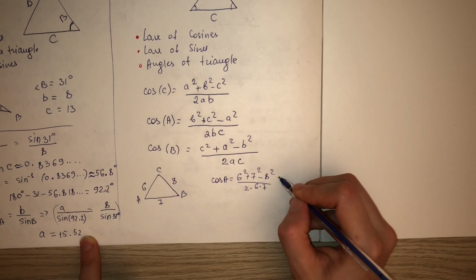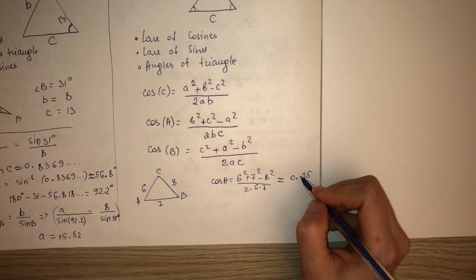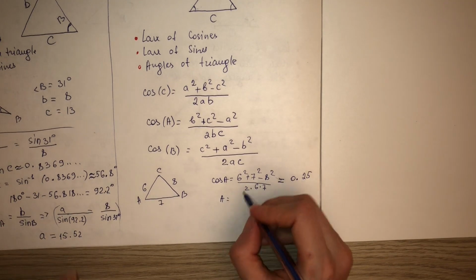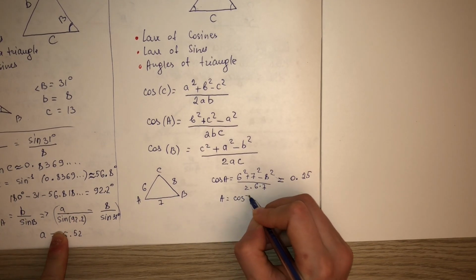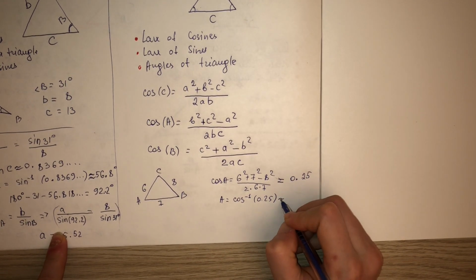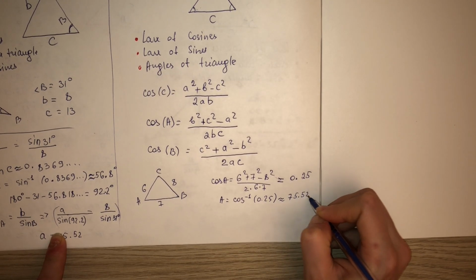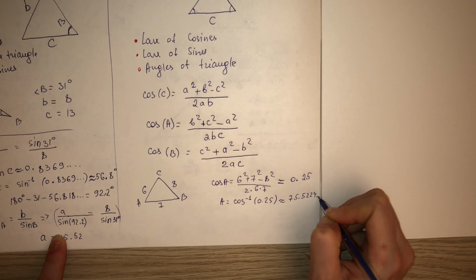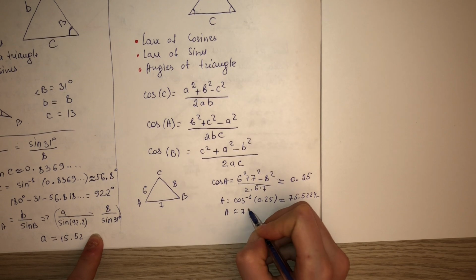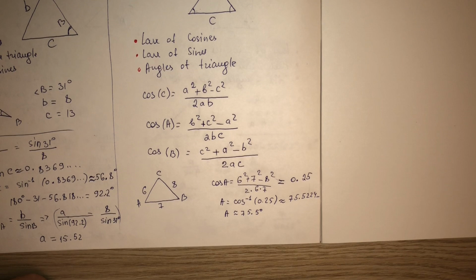And this is equal to 0.25. And A is equal to cosine to the minus 1 of 0.25. And this is equal to 75.5224 and so on. Okay, and A is approximately equal to 75.5 degrees to 1 decimal place.